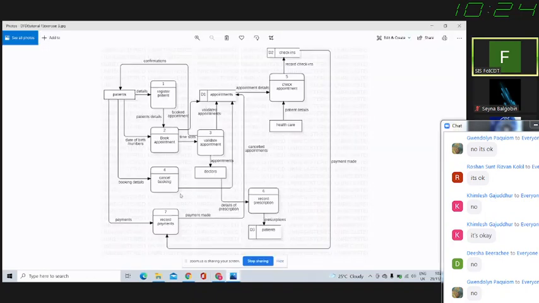Okay. Thanks. So first you have registered patient, you have the patient details. Where does the output go? It goes into book appointment. No, I would prefer that you have a sort of repository.